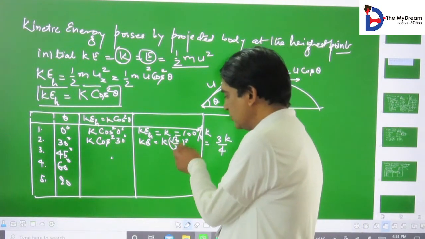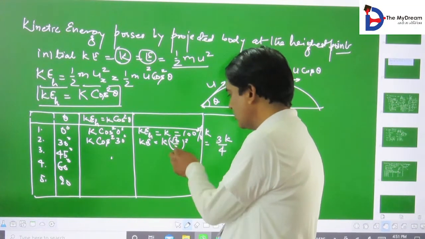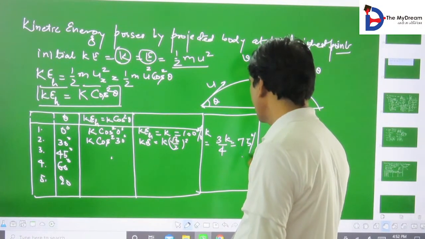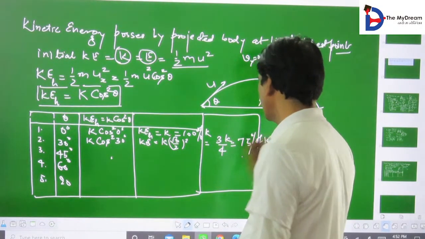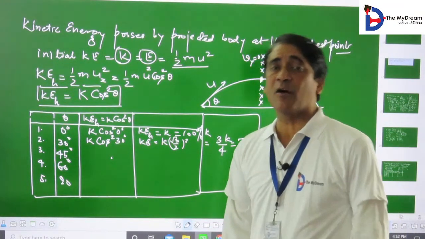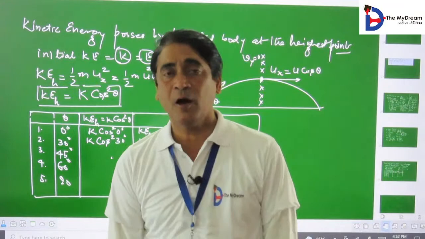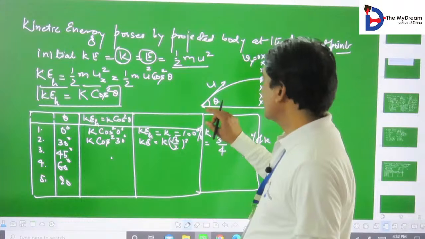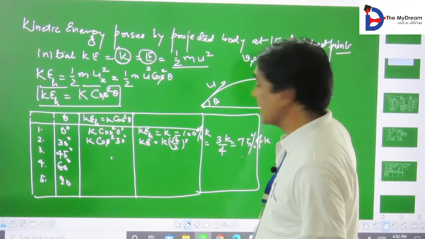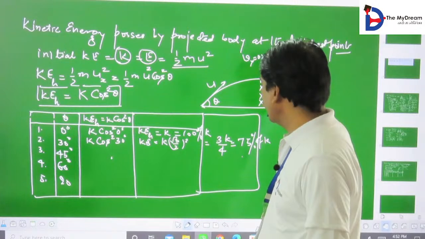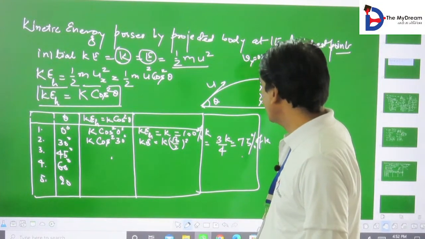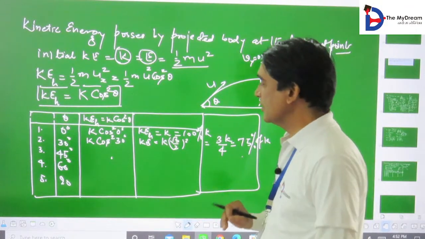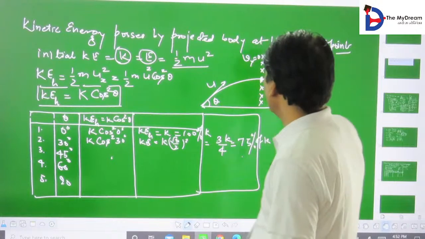Root 3 by 2 squared: root 3 becomes 3, 2 becomes 4. It will become 75% of K. It means there is a loss of 25% of energy, which converts into the potential energy. You projected at 30 degree, so it reached a certain height. That is 25%, because you will get 75% of the initial kinetic energy at the highest point.